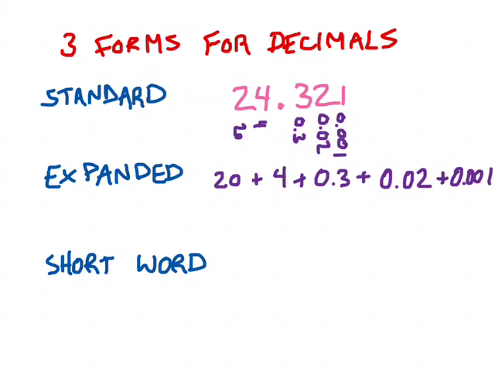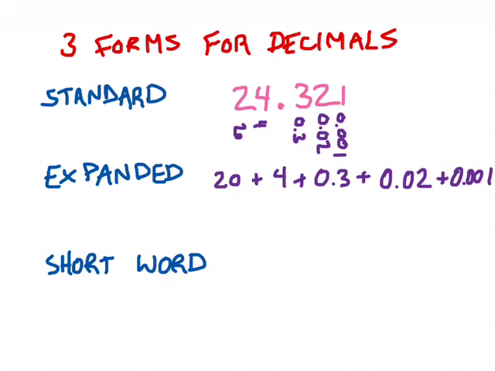And that's expanded form. If there's ever a place in the number that has a 0 in it, so that place has no value, so imagine a scenario where there were, say, 0/10 instead of 3/10, you just skip that entirely. You wouldn't have to say plus 0/10. So expanded form is just taking the number and breaking it apart by its different place values.